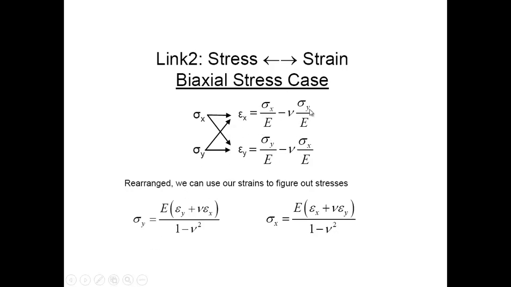So you will get sigma y, with your main term with respect to the strain y plus the strain x, right? It's similar for sigma x, the stress at x with respect to the strain at x and also the strain at y. You can try this at home, and make sure you get this kind of result.